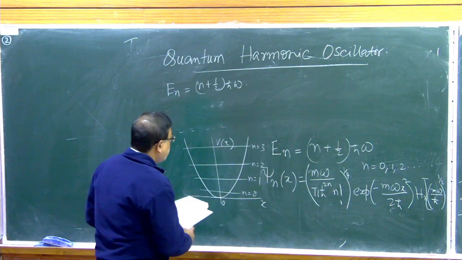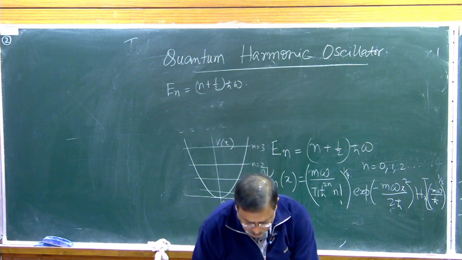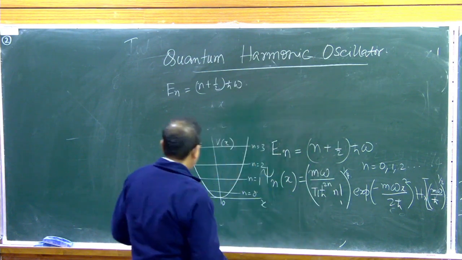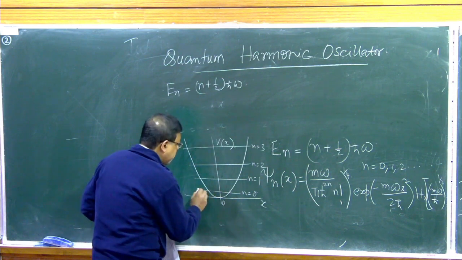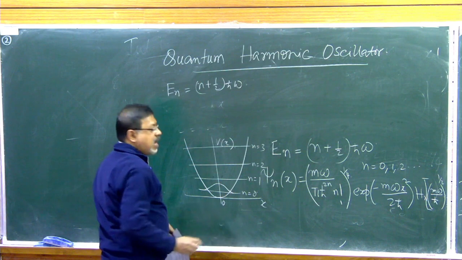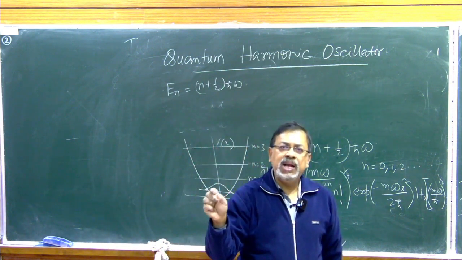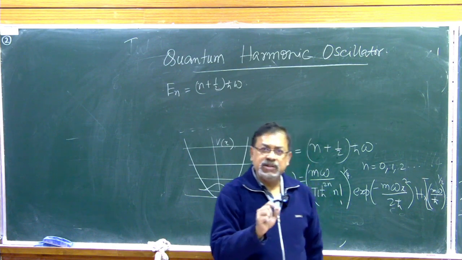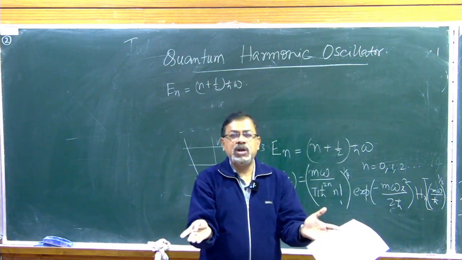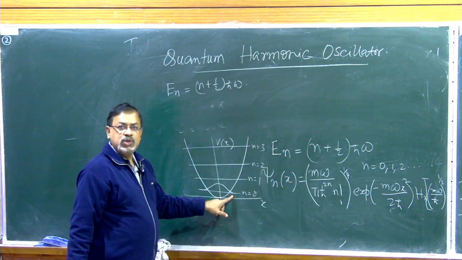Okay. So let me try to show you some of these plots. So this is a Gaussian. It will penetrate outside the well just a little bit because they are Gaussian functions. They do not have nodes exactly at the boundary of the potential, but they eventually go to 0 at large distances.